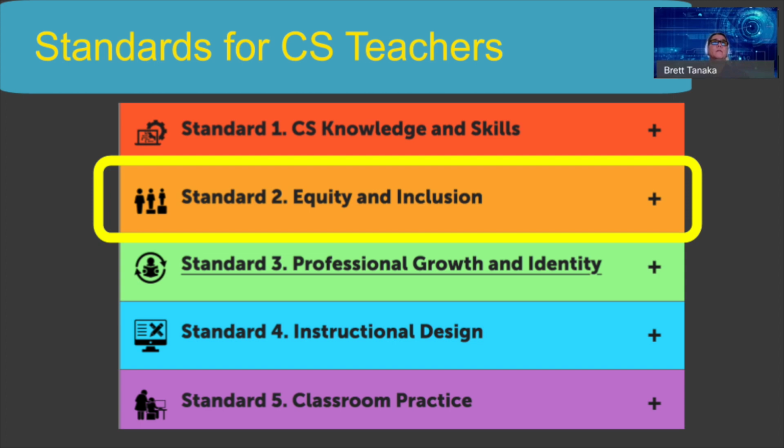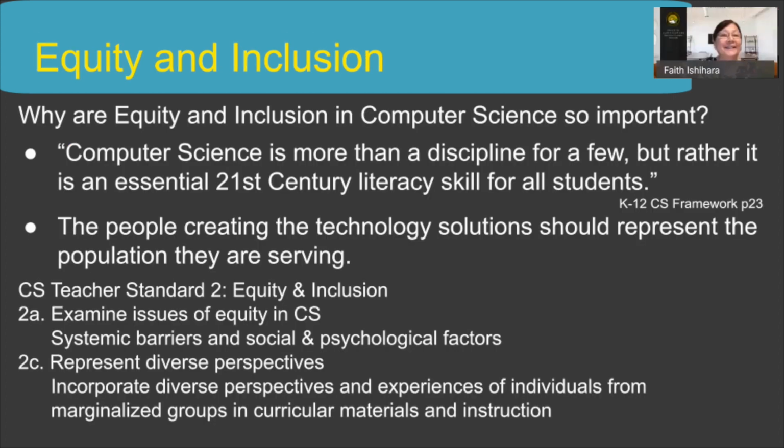Okay, thanks, Brett. Next slide. So why are equity and inclusion in computer science so important? Well, according to the K-12 computer science framework, computer science is more than a discipline for the few, but rather it is an essential 21st century literacy skill for all students.